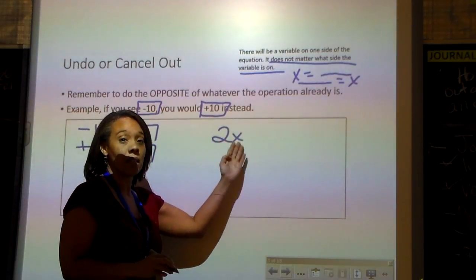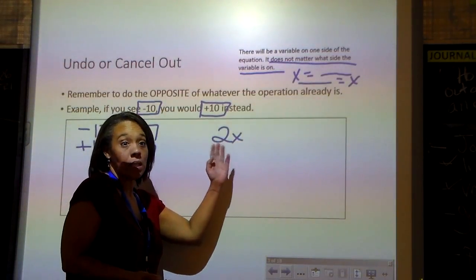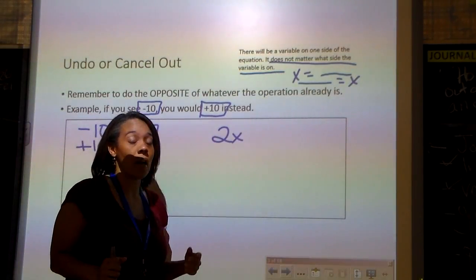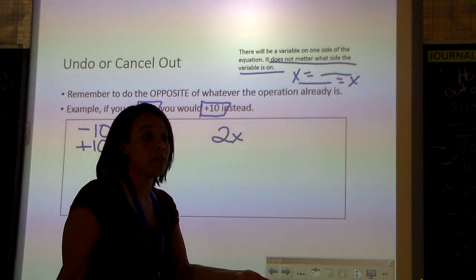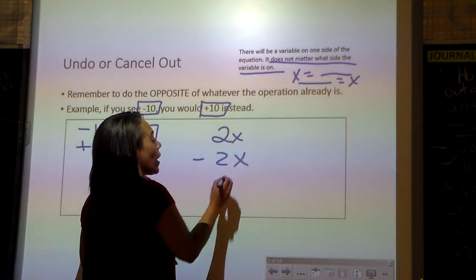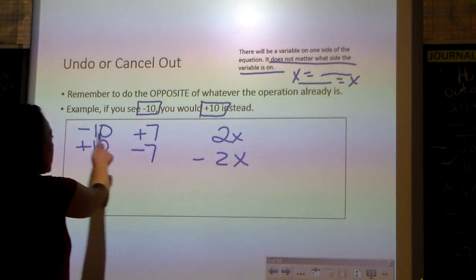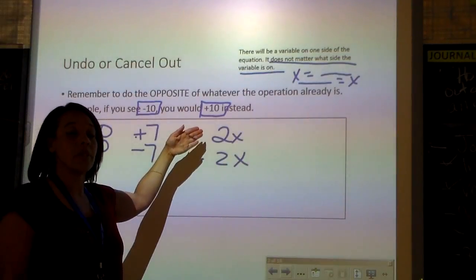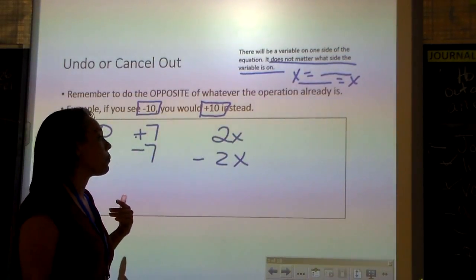Now, is this positive or is this negative? The way to tell is look in front. If there's no negative sign, you can assume that it's positive. The opposite of this is negative 2x. Even though on these I saw the plus in front of it, when I don't see a plus in front of it, you always assume it to be positive.